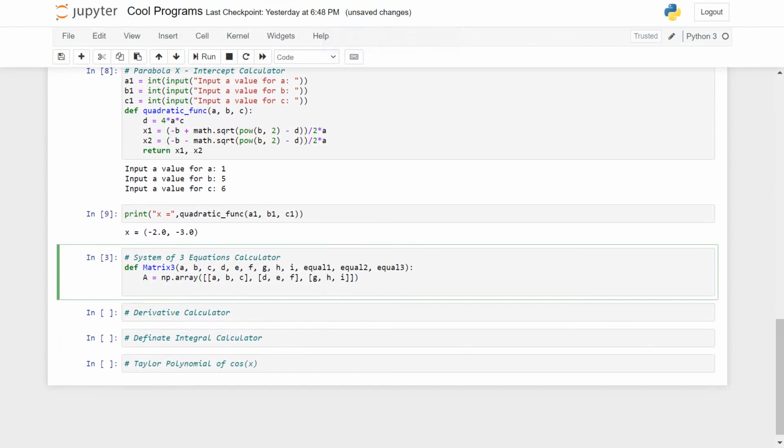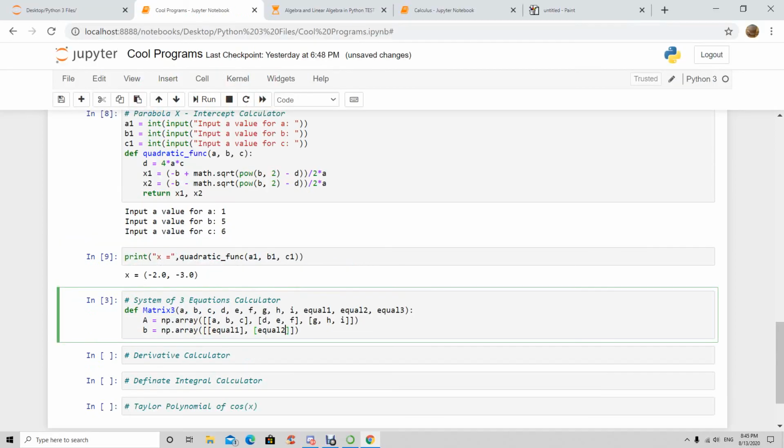Okay, and then our matrix B, as we saw there, is just np.array. Well, it's just going to be equal 1, equal 1, right? And then equal 2, and then equal 3.